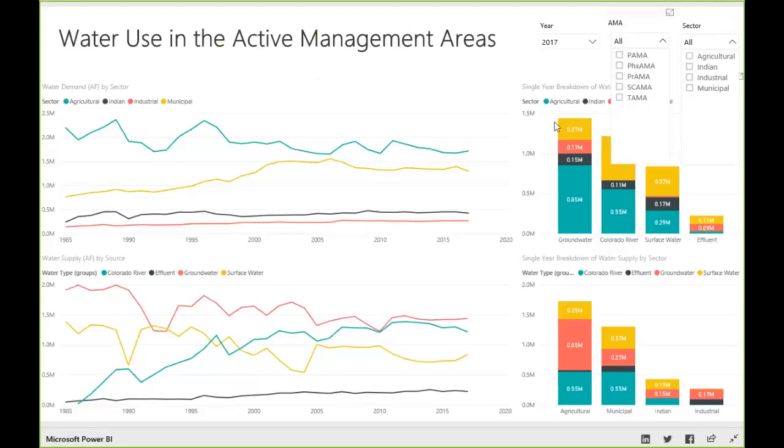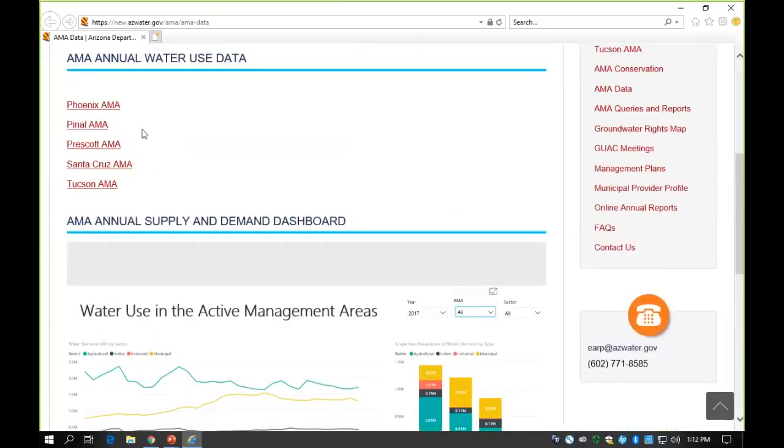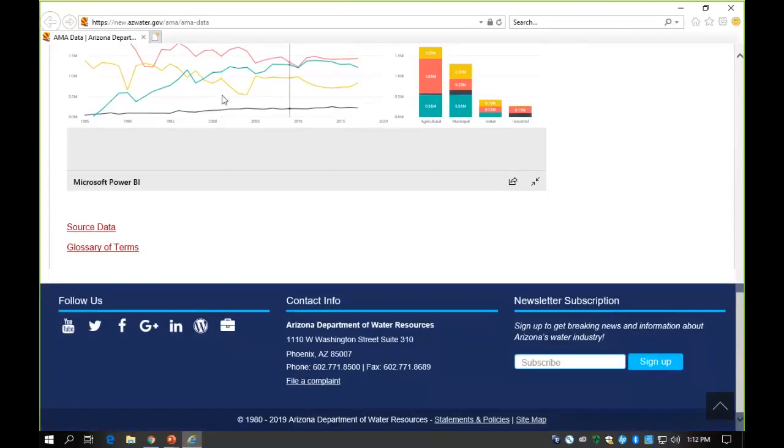So the question was whether this can be further filtered to subsectors within industrial. We do hope to expand upon this dashboard, develop additional dashboards to provide additional levels of detail. But for now, that information is available in spreadsheet form within these spreadsheets that you can link to for each AMA. And the source data for this dashboard is available as a download at the link at the bottom.